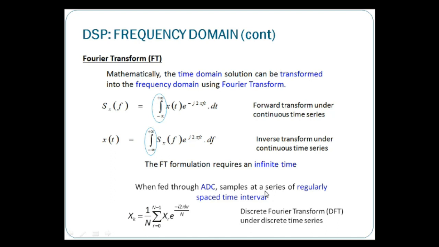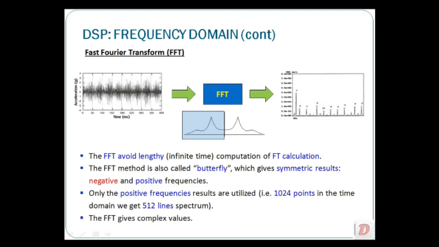So here, if you want to convert a digital signal from time to frequency, then we need to decide how many samples we want to take and convert. So you have a finite length of signal. The discrete Fourier transform and fast Fourier transform are the same.